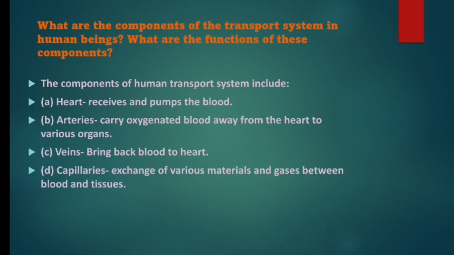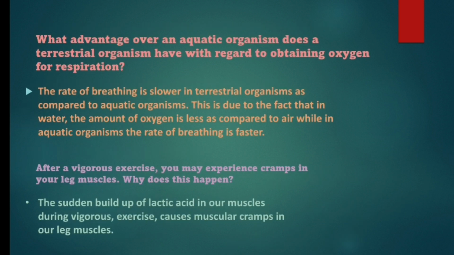All right, moving forward. What advantage over an aquatic organism does a terrestrial organism have with regard to obtaining oxygen for respiration? The rate of breathing is slower in terrestrial organisms as compared to aquatic organisms. So you might have seen a fish. Whenever you see an aquarium, you might have seen a fish keeps on opening and closing its mouth.